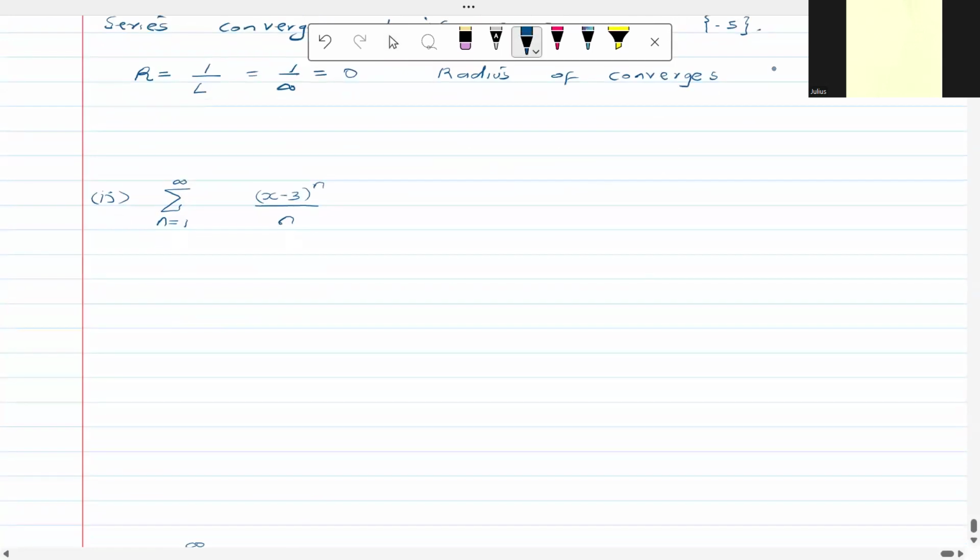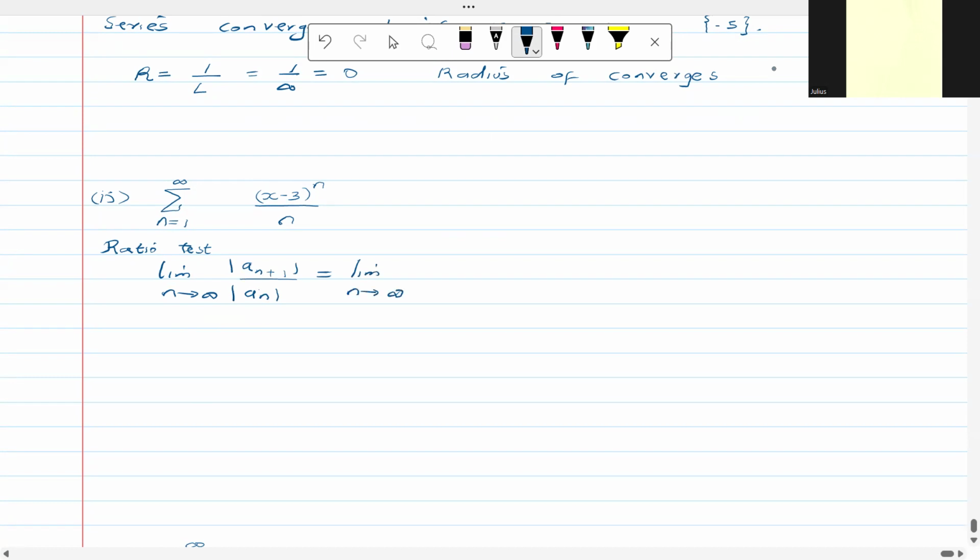Second question, we will use the ratio test, because we can simplify the denominator easily. That is the limit as n tends to infinity of the (n plus 1) term in absolute form divided by the absolute form of the nth term.